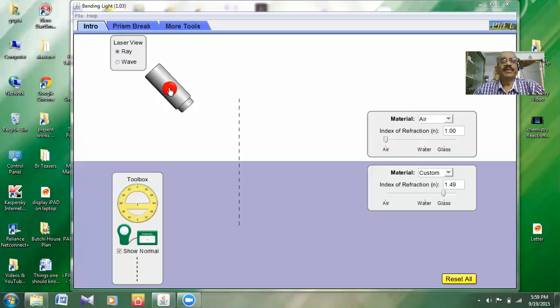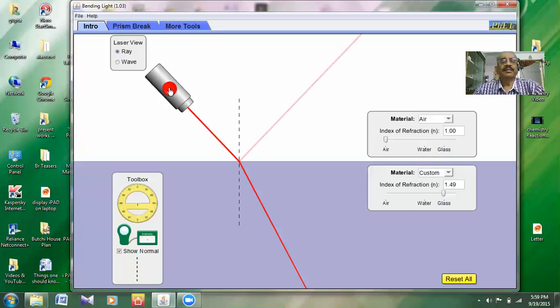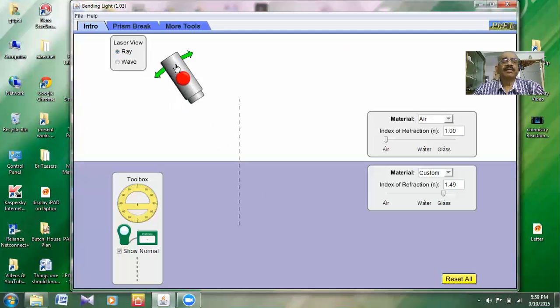Now, if I click the button here, the ray is emitted, and when I click once again, the ray de-emits. Now here the arrows indicate the position of the ray, at what angle it can be sent.